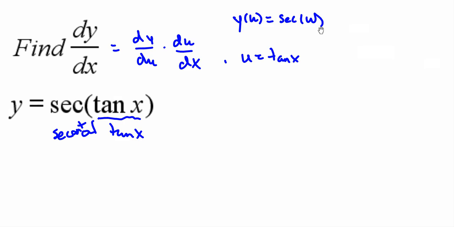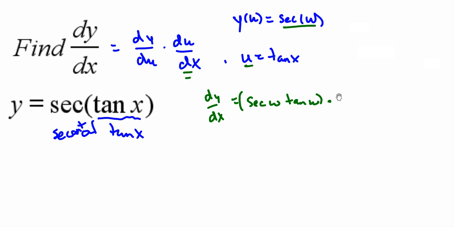So now when we figure out our answer, we're going to have dy du. dy dx then is equal to the derivative of y with respect to x. So what's the derivative of secant of u? Well, that's going to be secant u tangent u times the derivative of u, right?